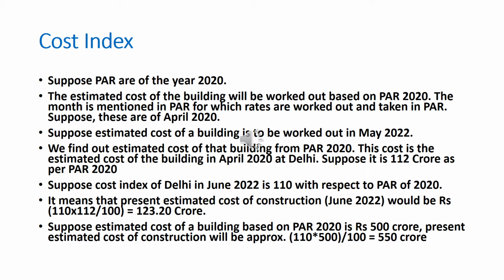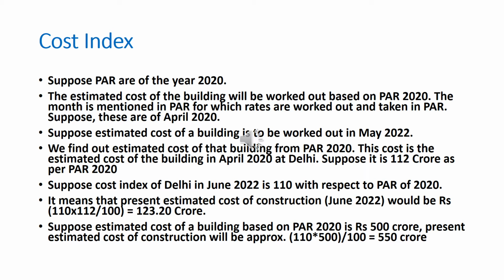Then the present estimated cost of construction would be: multiply the cost with the cost index and divide by 100, that is 110 multiplied by 112 divided by 100, that is 123.20 crores.